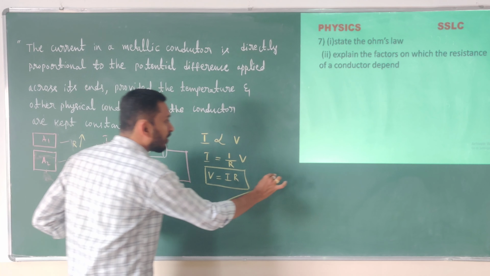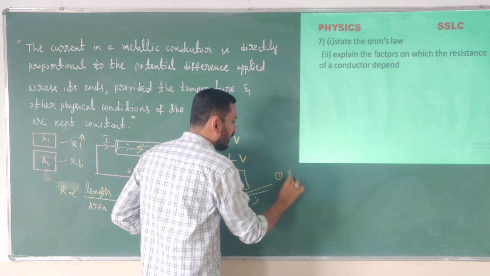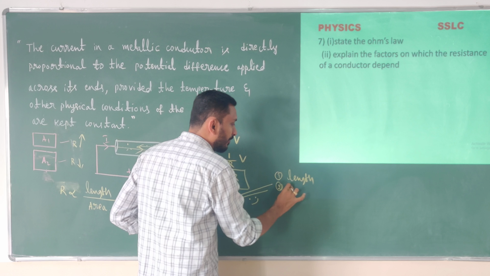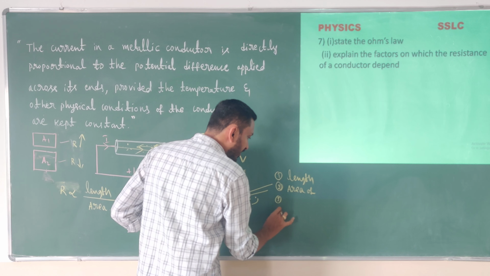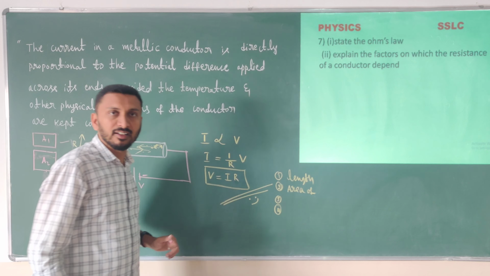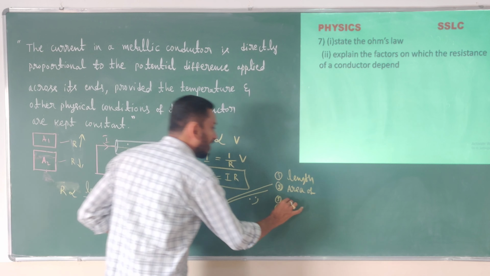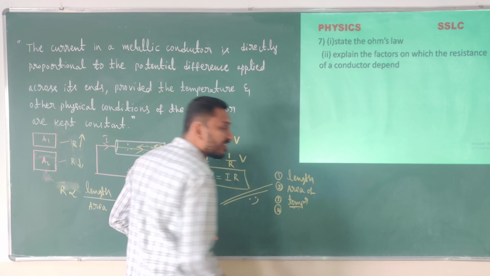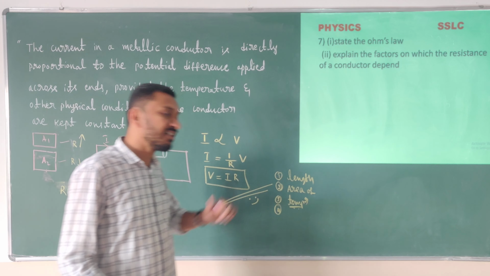So resistance depends, first, on the length of the conductor, and second, on the area of the conductor. There are two more factors. It depends on the temperature; I already mentioned this. The more the temperature, the more the resistance.